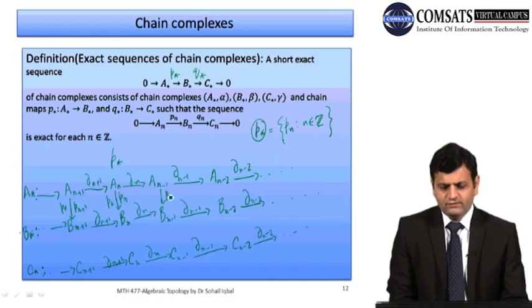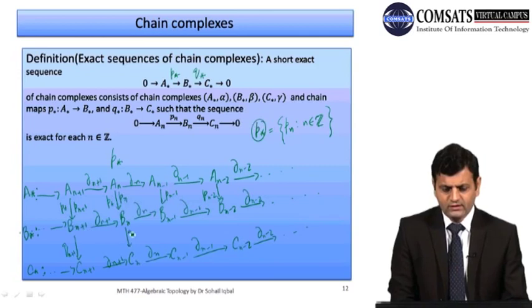Similarly we have Pn minus 1, Pn minus 2, and so on. Between B star and C star we have Q star, or in particular a map from Bn plus 1 to Cn plus 1, which is Qn plus 1, then Qn, Qn minus 1, Qn minus 2, and so on.